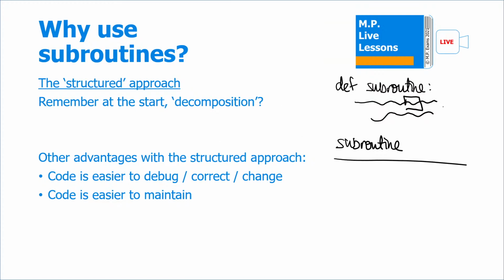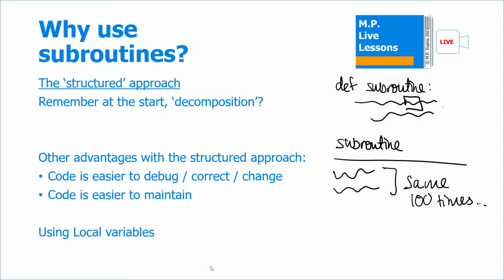Whereas if we used just normal code, if we have an error, let's say this code is used 100 times, we will have to change that same piece of code 100 times. And that's not efficient. That time could be better used elsewhere, such as for developing the program. Another advantage is to simply use local variables, which make sure things within the subroutine don't get confused elsewhere and stay relevant to the subroutine only.